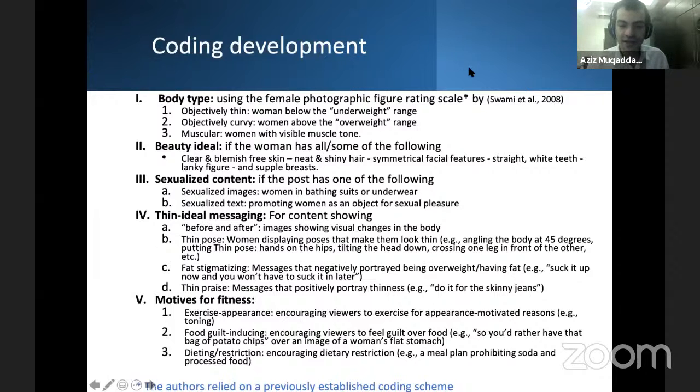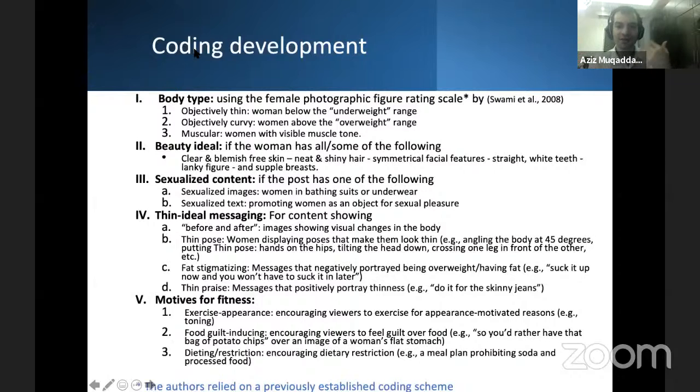Then they also say, or if you have the thin pose, and the thin pose is defined like poses that would make the women in this case look thin or thinner. They usually are. And there were different techniques already explained by photographers before.